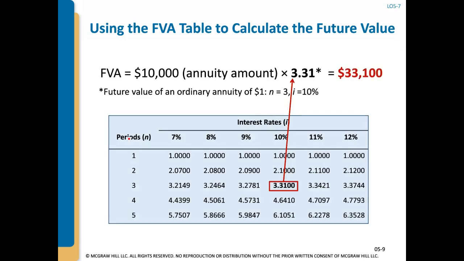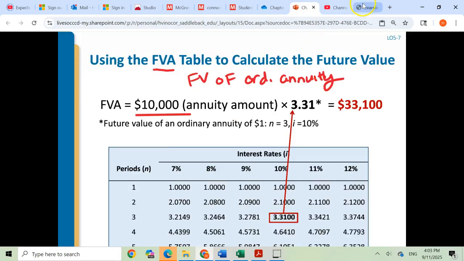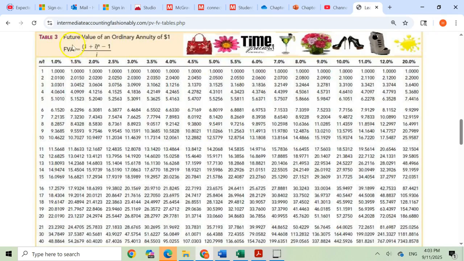So thankfully, we have a factor table to calculate the factor for the future value of an ordinary annuity. And we can go to that table, and we could take $10,000 times the future value of an ordinary annuity. Let me go to my factor tables right here.